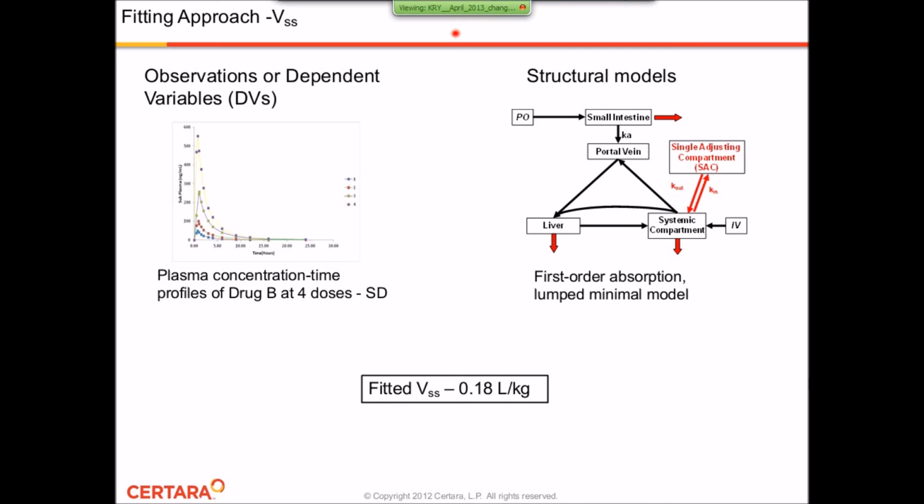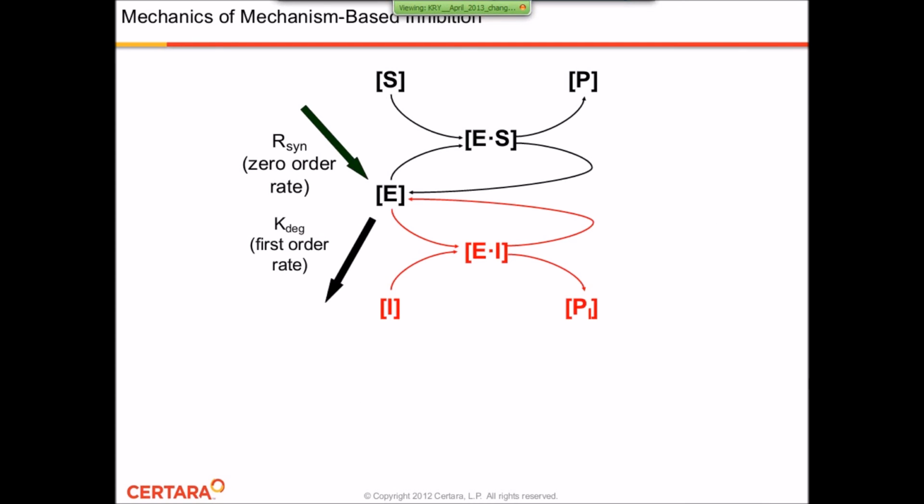We went back and evaluated the situation, realized that we were under-predicting the clearance and also over-predicting the volume. We used the clinical data and a fitting approach to come up with an optimal model that described the single-dose data. Now, at this point, what we wanted to do was obviously consider the multiple dosing of the drug.